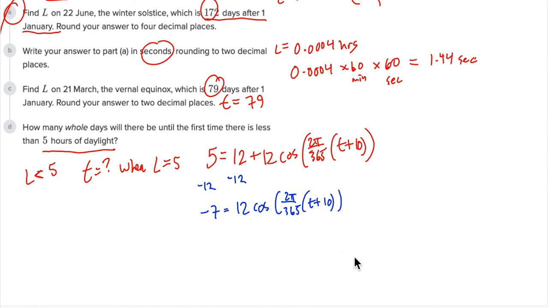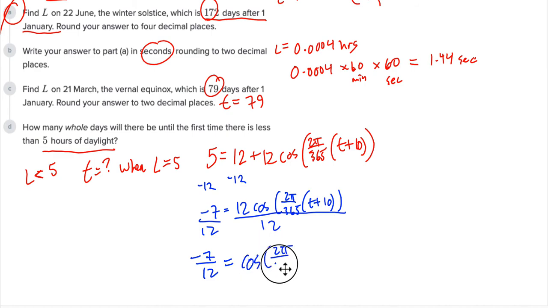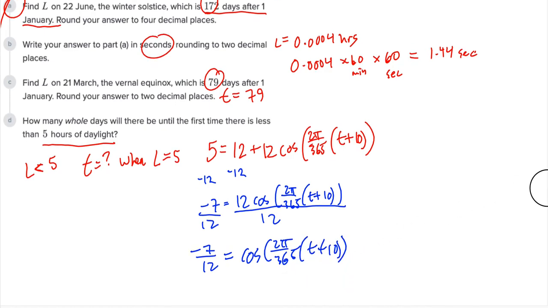And now you probably know where I'm going from here. I'm just going to divide both sides by 12. So negative 7 over 12 equals cosine of 2 pi over 365 times T plus 10.